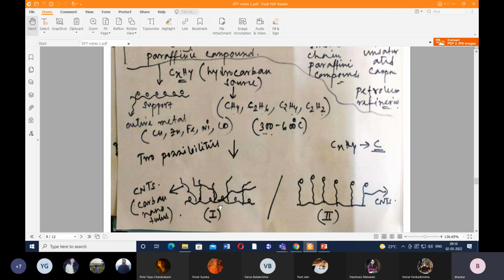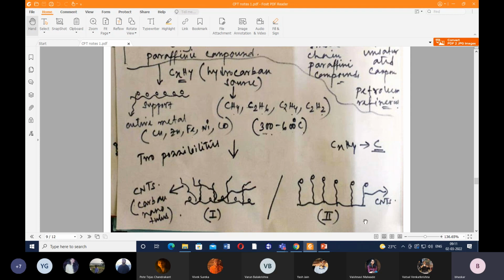This is one possibility. There is another possibility. If we have less interaction between the active metal and the support, then again in this case, we have growth of amorphous filamentous carbon, and the morphology again looks tubular. However, the active metals will capture the tips of these carbon nanotubes produced following the interaction between CxHy and the supported catalyst.